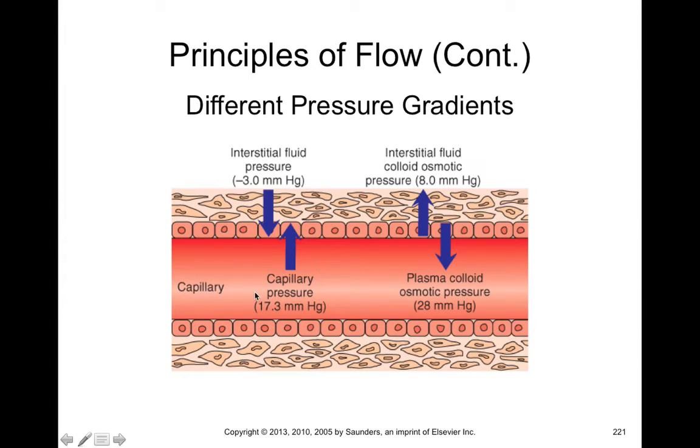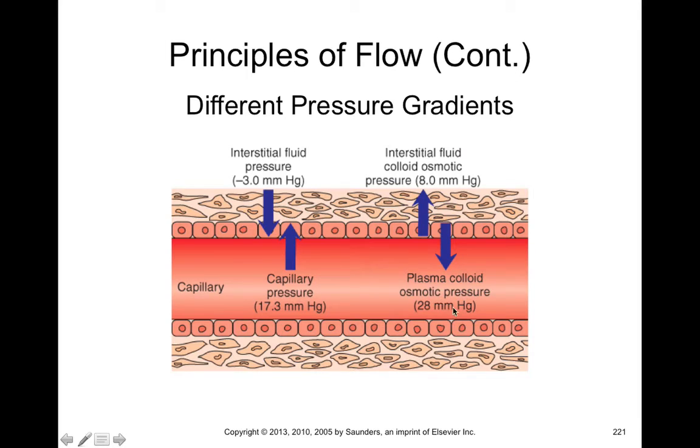Now, if this were the only pressure that existed in capillaries, you would lose a tremendous amount of water across your capillary wall, which means your blood would dehydrate pretty quickly. So to reverse this process, we have some other interesting forces, like plasma colloid osmotic pressure. The osmotic pressure here is due to a solute called albumin, which is a plasma protein.